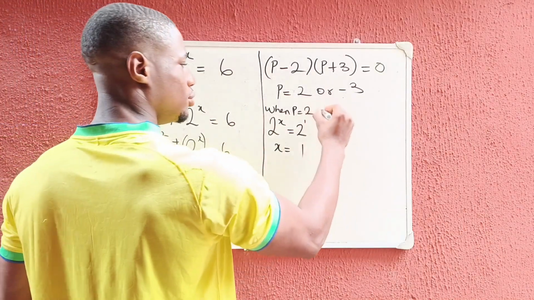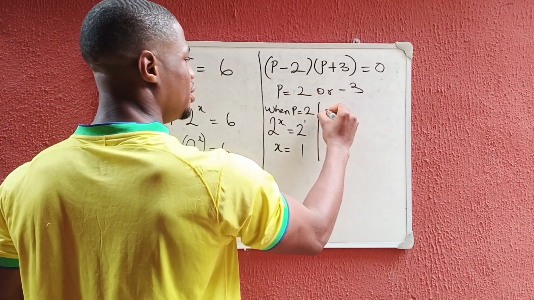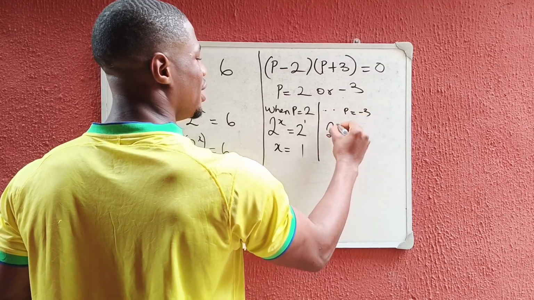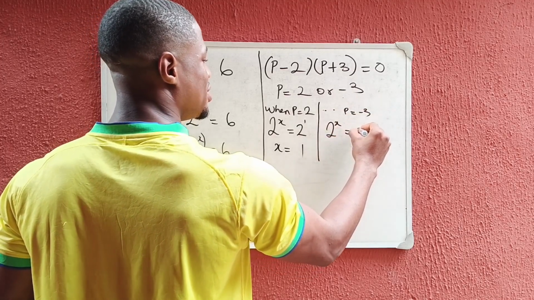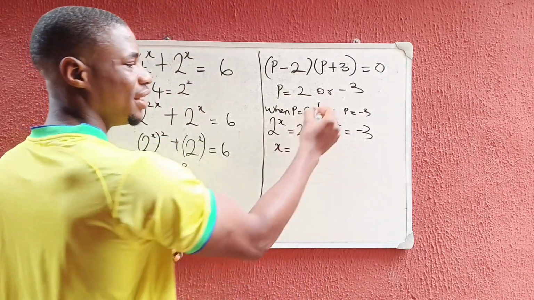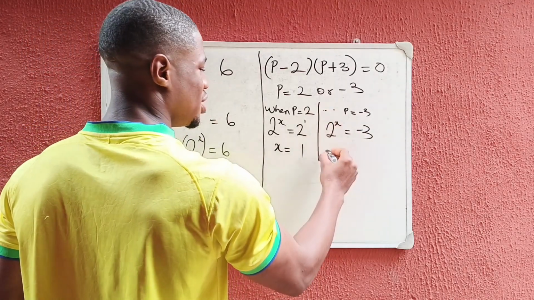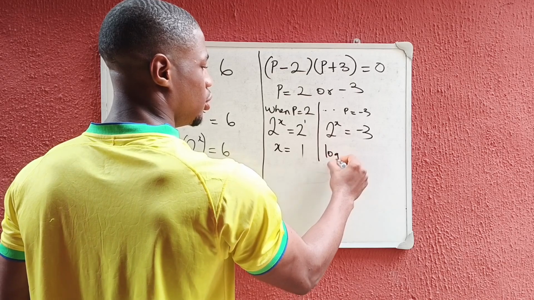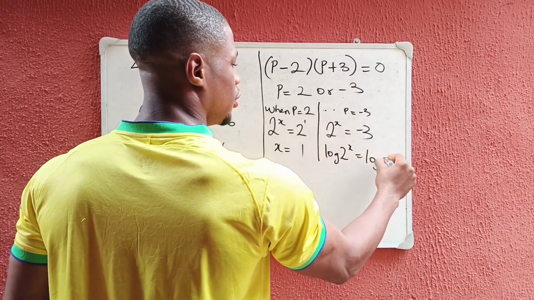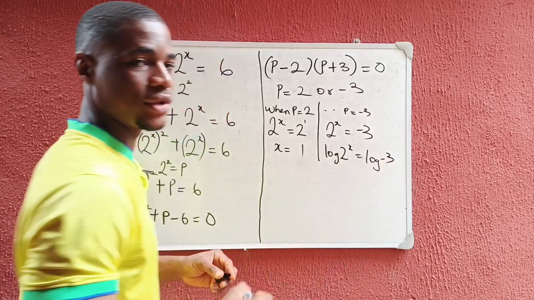Now, or when p equals negative 3, it means that 2 raised to power x is equal to negative 3. Okay? And in order to solve this, we take the logarithm of both sides. So let's say log of 2 raised to power x is equal to log of negative 3.